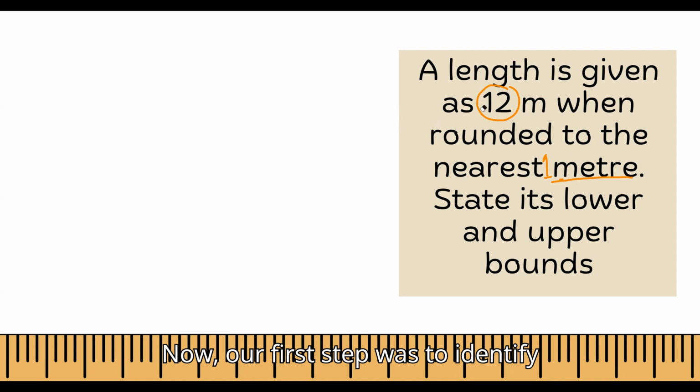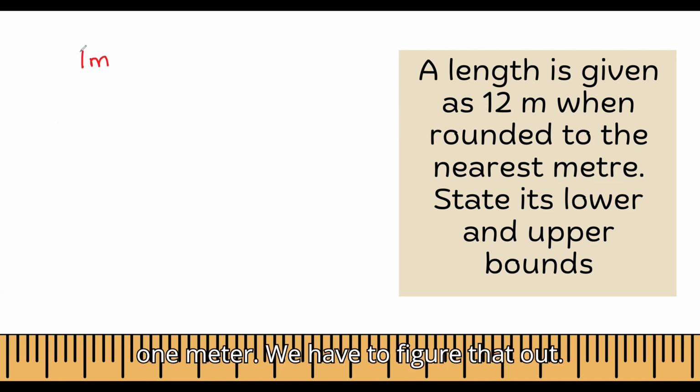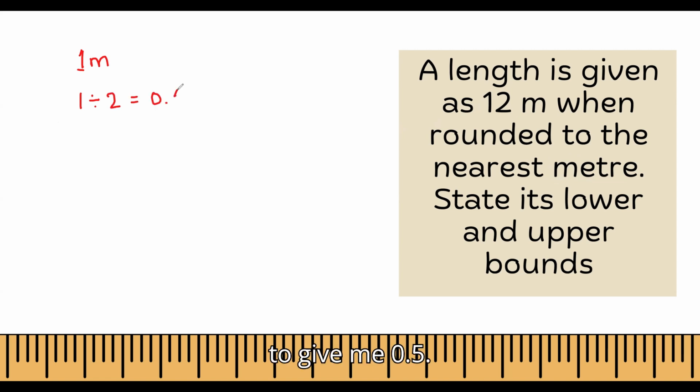Our first step was to identify the place value of the degree of accuracy stated. We figured that out. Then our second step was to divide this value by 2. So 1 divided by 2 is going to give me 0.5.